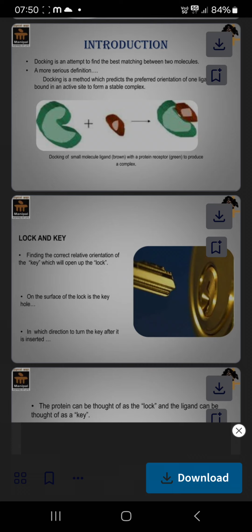You can see here the protein and the ligand. Docking of a small molecule ligand, which is in brown color, with a protein receptor, which is in green color, to produce a complex.